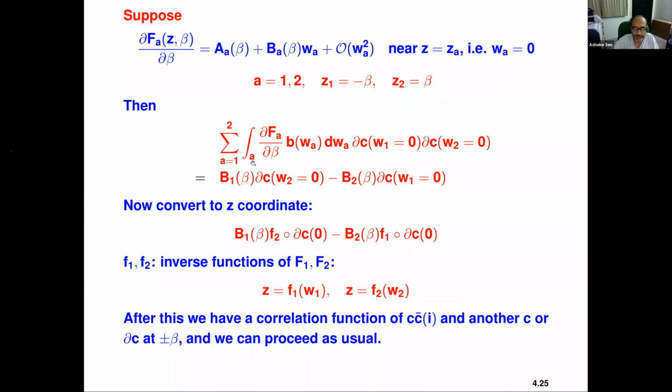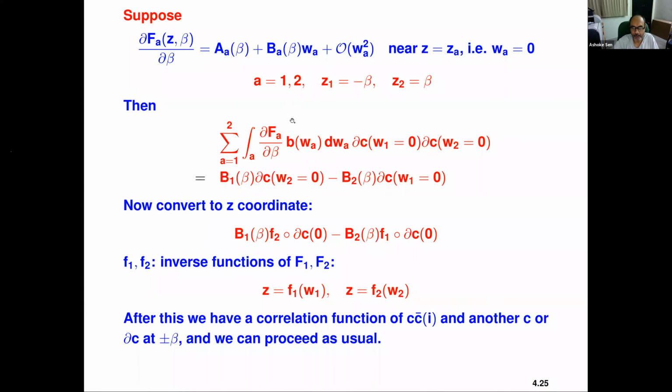Now let's look at the integral for a equal to 1. For a equal to 1, the integral is around w1 equal to 0, around z equal to z1. Now if you look at this b ∂c operator product, this is 1 over w1 squared, because ∂c is 1 over w1, but b(w1) ∂c at w1 equal to 0 is 1 over w1 squared. So this integral will pick up a contribution only from the term in ∂f_a/∂β which has 1 power of w1, just by the residue theorem.